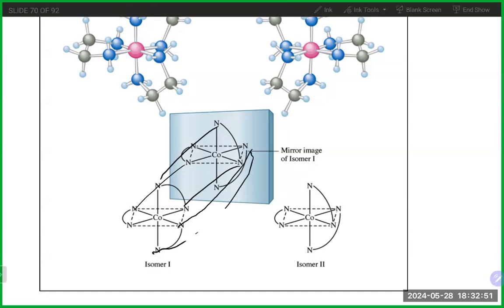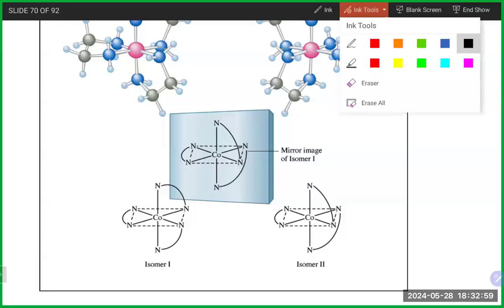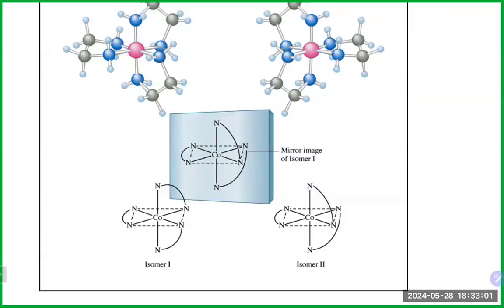So what ends up happening, if we blink the screen, unblink the screen, let's try that again. This bond between the nitrogen on the bottom and the corner guy actually gets reflected to the back. So this nitrogen basically gets reflected to the back part.